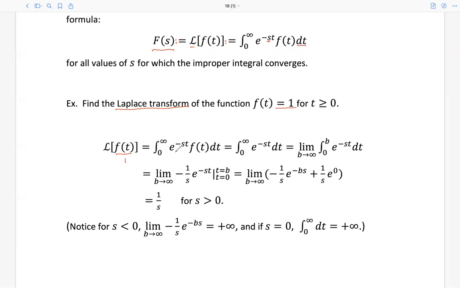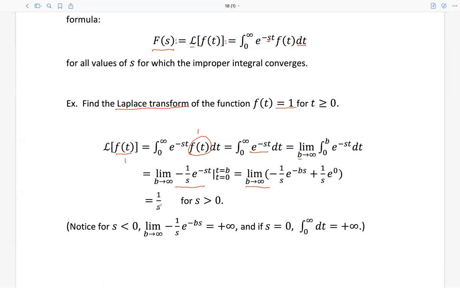We use the definition, right? e to the negative st, and f of t is 1, so the integrand becomes just e to the negative st. We do an improper integration, so we use the idea of a limit with a dummy variable b. Then we integrate, get this, and take the limit.